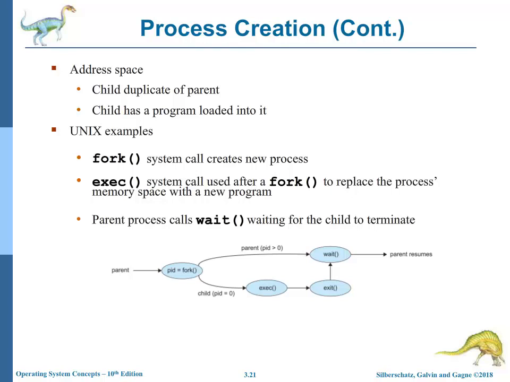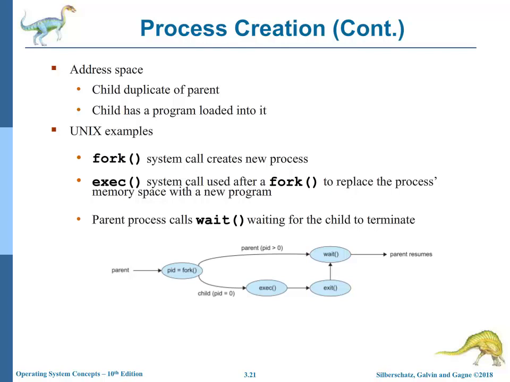The two processes, the parent and the children, are able to communicate and then go their separate ways. The parent can then create more children, or if it has nothing else to do while the children run, it can issue a wait system call to move itself off the ready queue until the termination of the child.